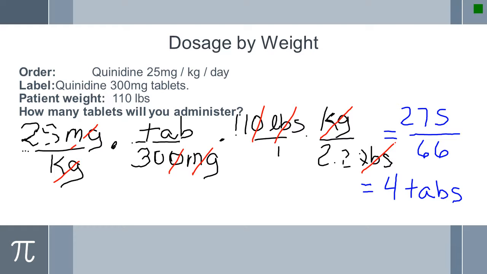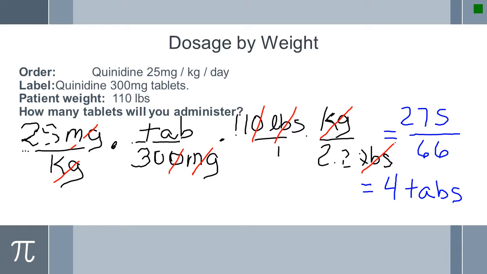So now I do my math, or I can take out some zeros. There's a 0 and there's a 0. So then I have 25 times 11, which gives me 275. And then on the bottom, I have 30 times 2.2, which gives me 66.